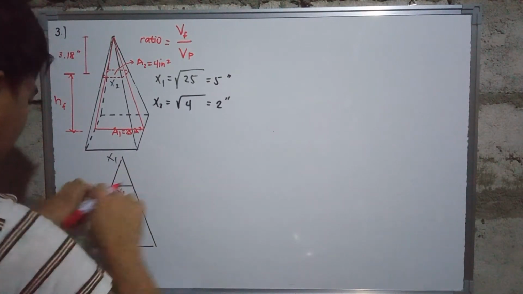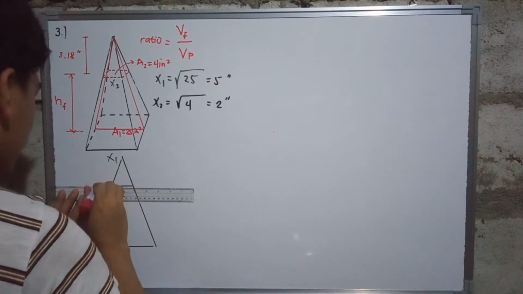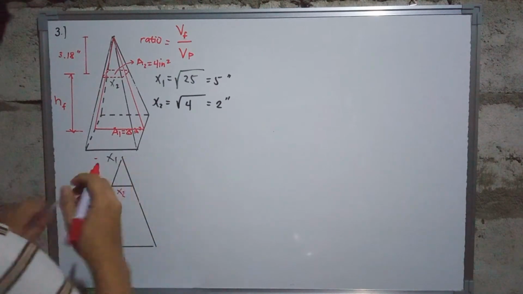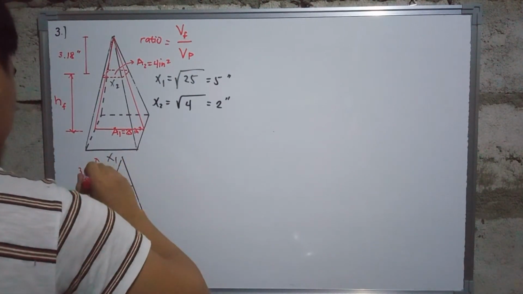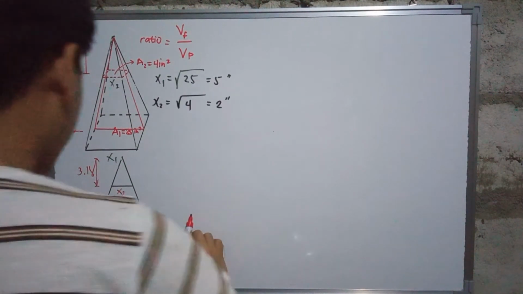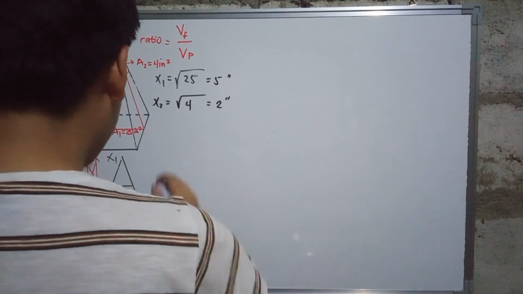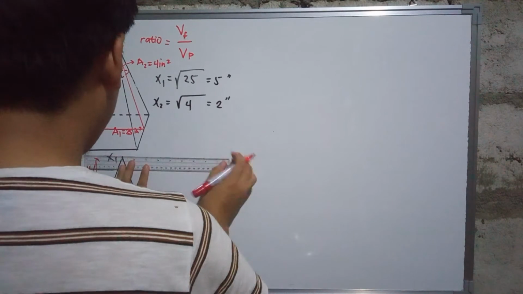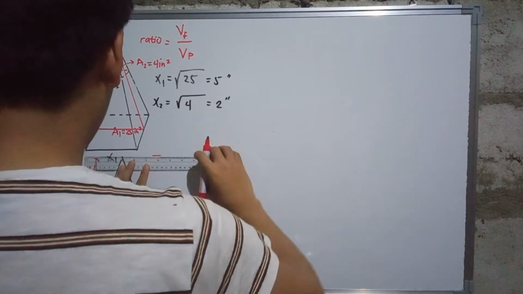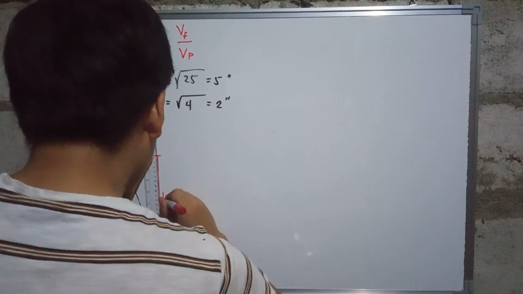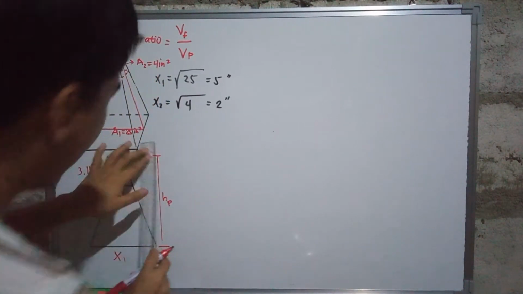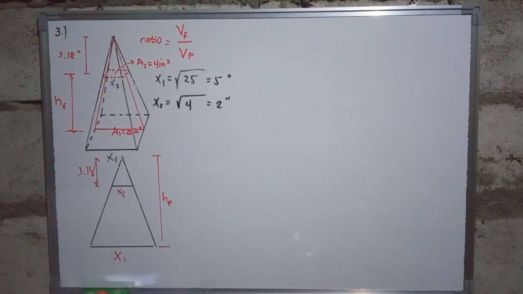Tapos, the height dito is 3.18. Tapos yung total height natin is sabihin natin h sub p, or the height of our pyramid.